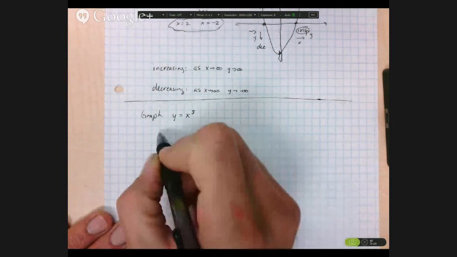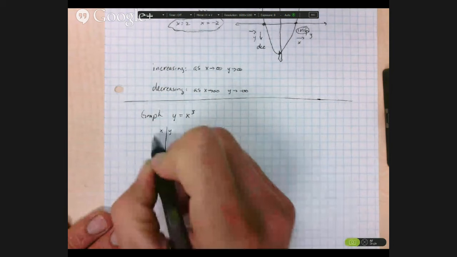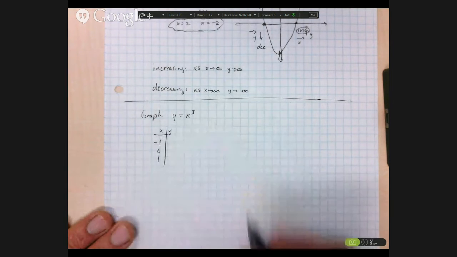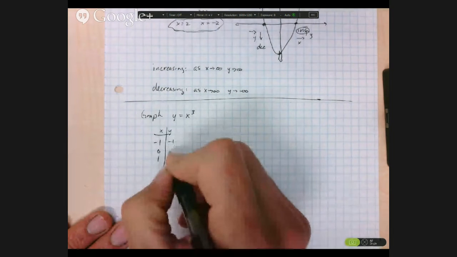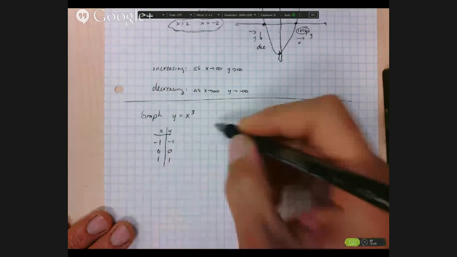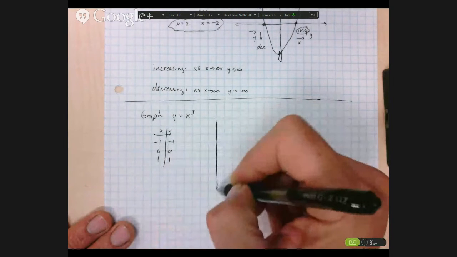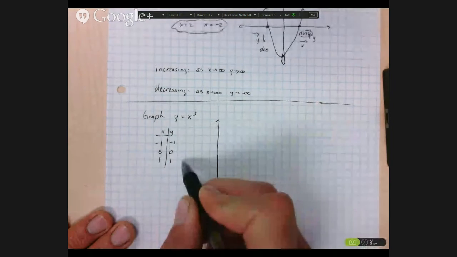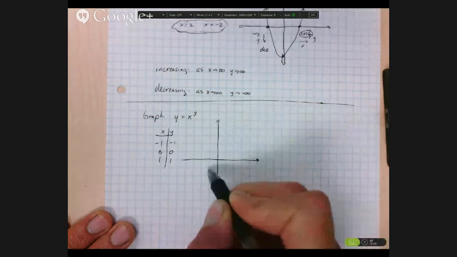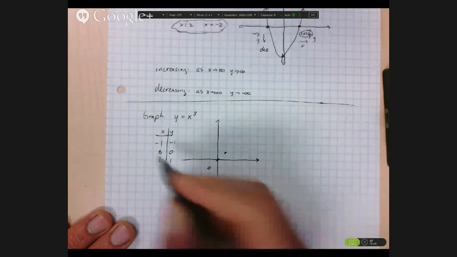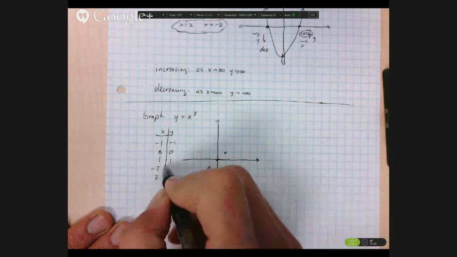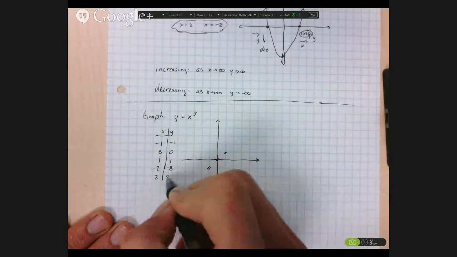One way to do this is to do a table of values. I always start here. You get our outputs. This one's fairly straightforward. Might go to -2 and 2 just to make it obvious.